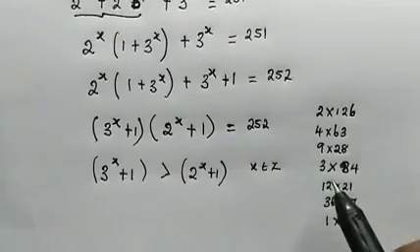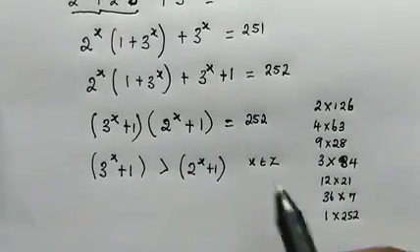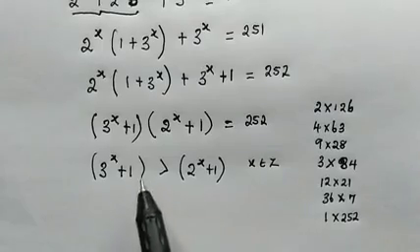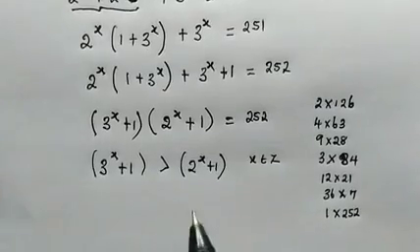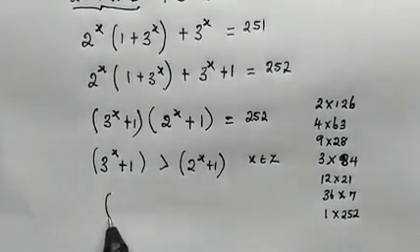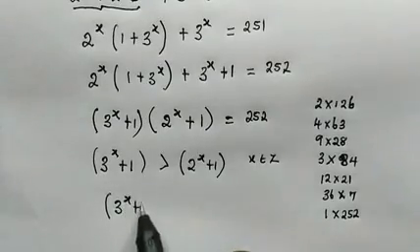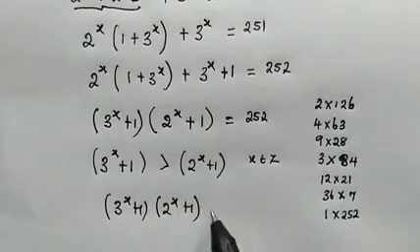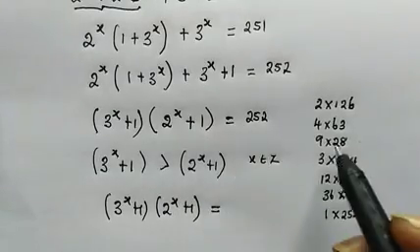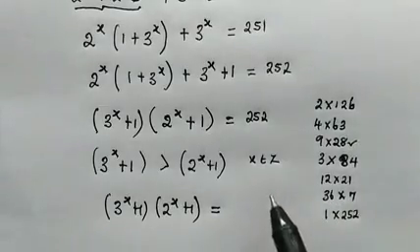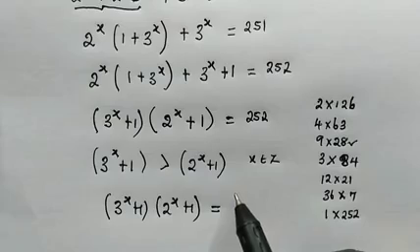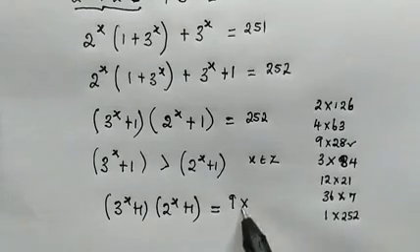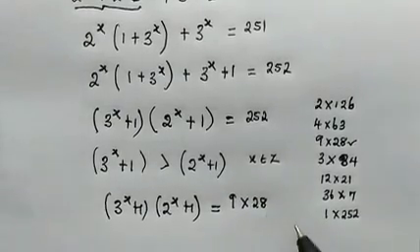For all real values of x, I'm very sure this holds, right? Now from here we have this product, 3 to the power of x plus 1 multiplied by 2 to the power of x plus 1, which is equal to 252. We have only this to give us our integer solution, I mean. So that's going to be 9 times 28.